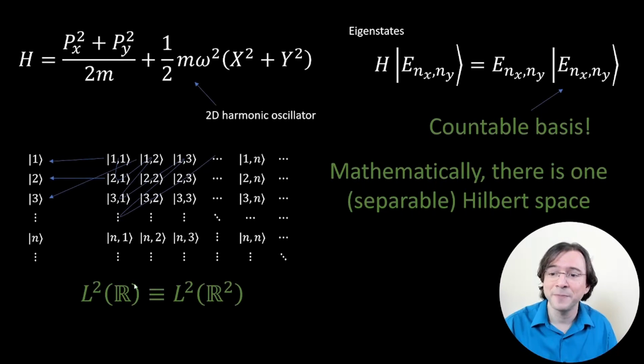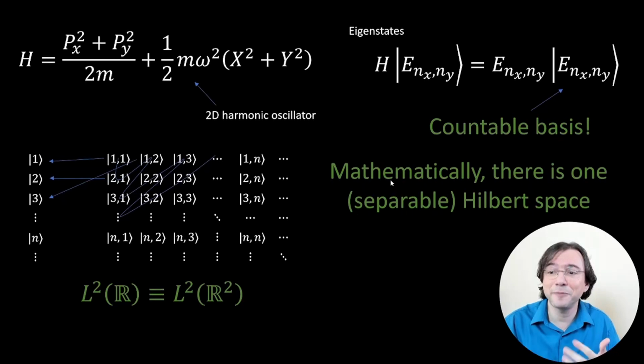So both of these spaces, the one of integrable functions of r squared and the one of integrable functions of r, are Hilbert spaces that are countable, and you can create a unitary transformation between them, and therefore mathematically they're really the same space.